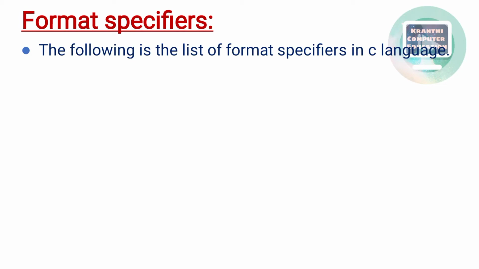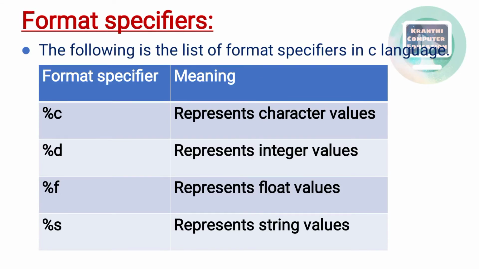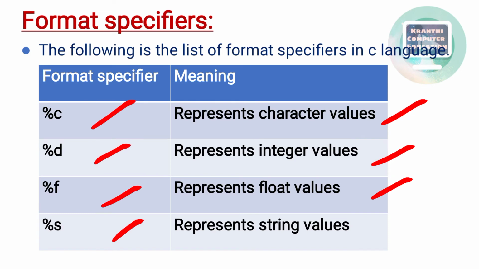The following is the list of format specifiers available in C language. This table contains format specifiers and their meaning. Let's see one by one. %c represents character values. %d represents integer values. %f is used to represent float values. %s represents string values.